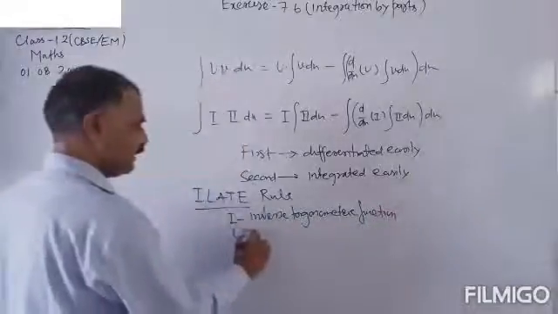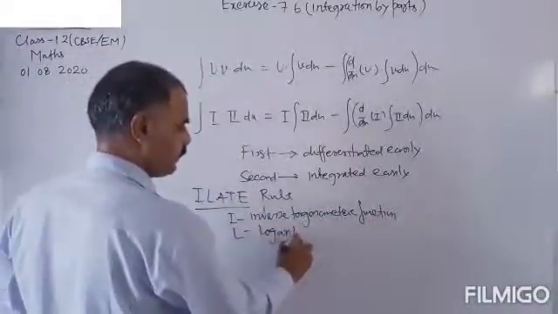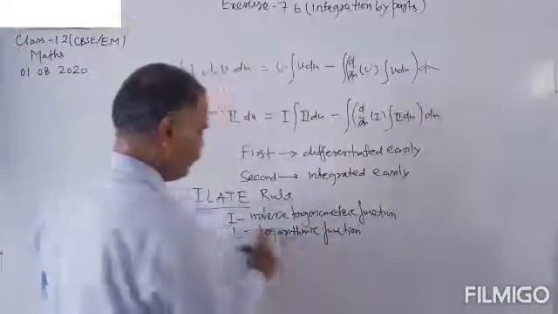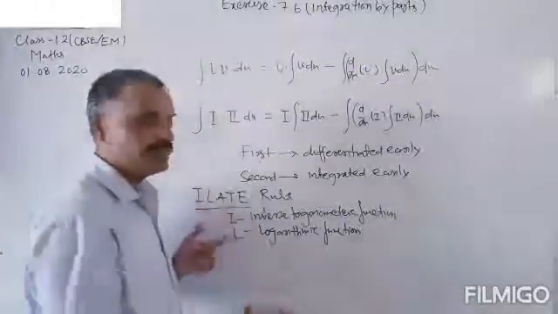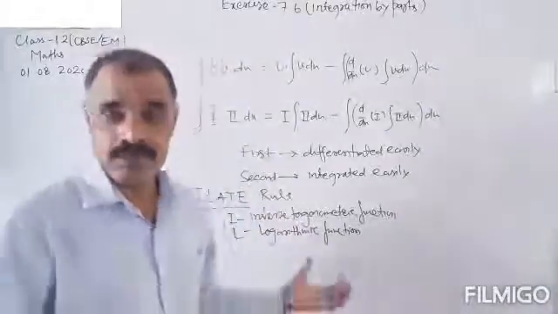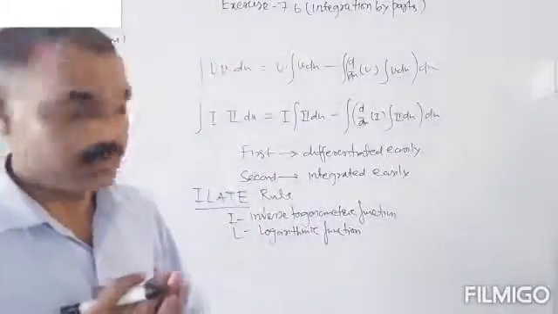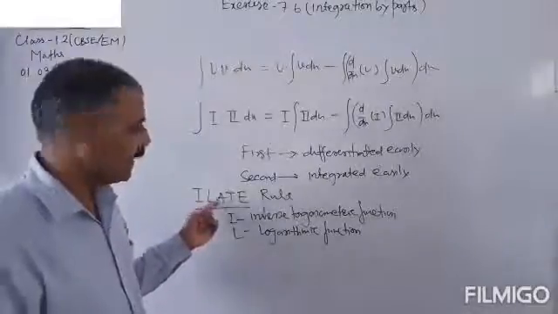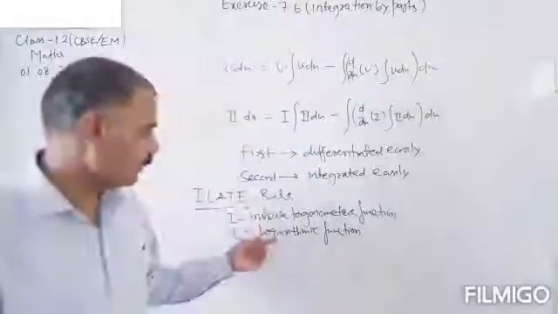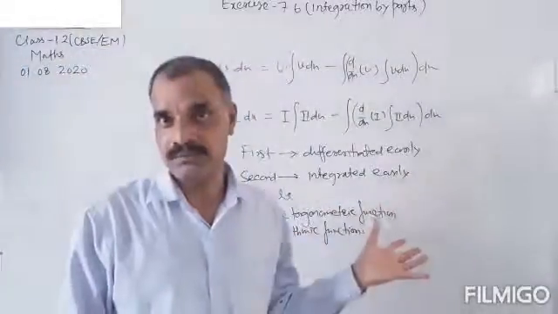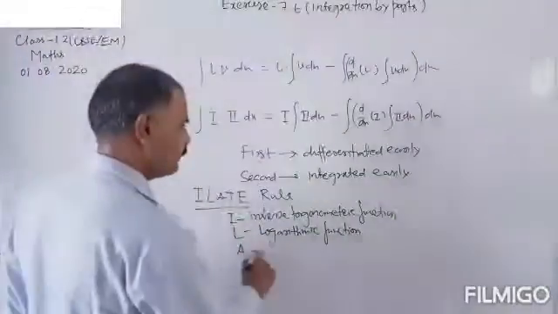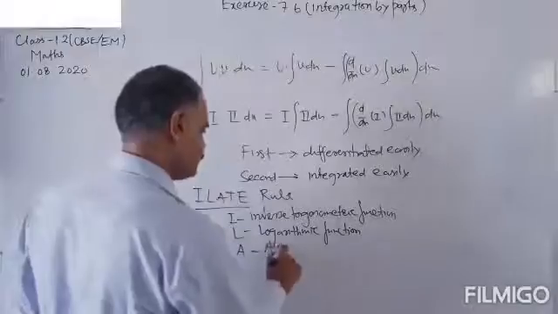Then L means logarithmic function. So if inverse trigonometric and logarithmic functions are in product form, then the inverse trigonometric function will be the first function and the logarithmic function will be the second function. And if logarithmic and A, meaning algebraic, functions are in product form, then the logarithmic function will be the first function and the algebraic function will be the second function.